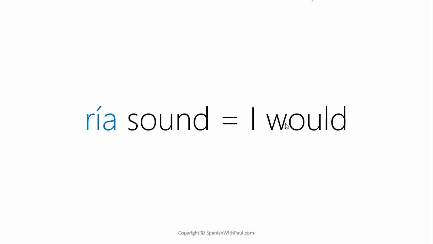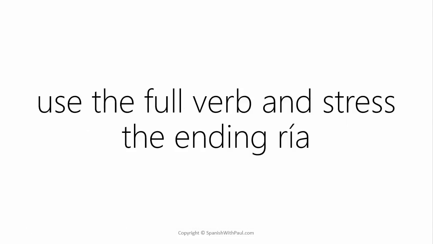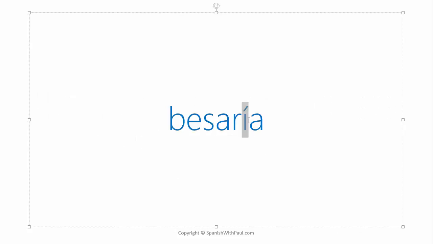When we want to express would in Spanish verbs, the key sound is ría. And it's easy to form because we just use the full verb. But the challenge is in the pronunciation, in that you have to be very patient and go all the way to the end before you stress anything.